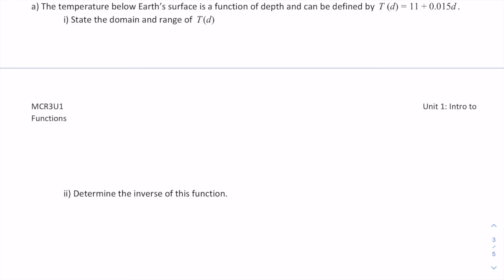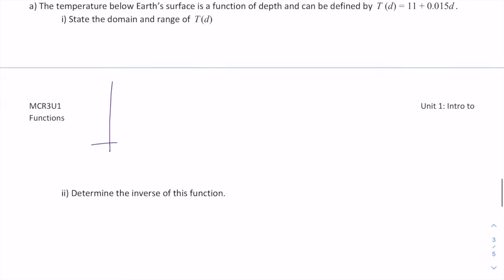Now with these kinds of word problems, I find it easiest to draw a little picture to help us understand what's really going on. So this is what our graph's going to look like. It's a line. We have T and D, and our y-intercept is at 11, and it's going to be increasing because we have a positive slope like that.